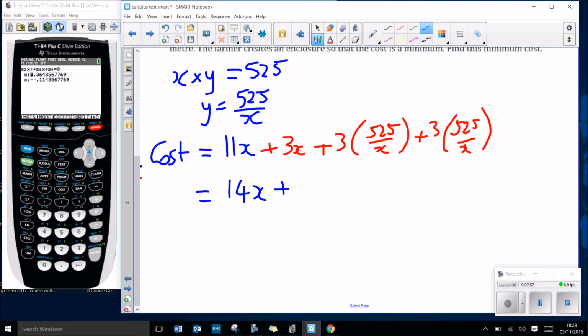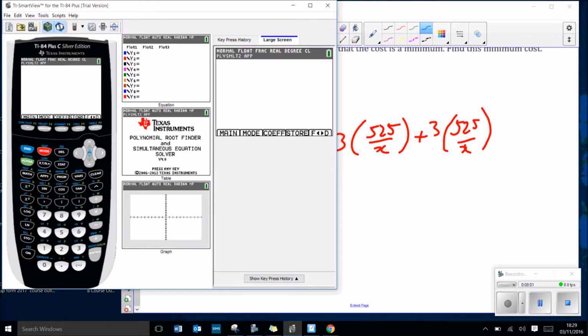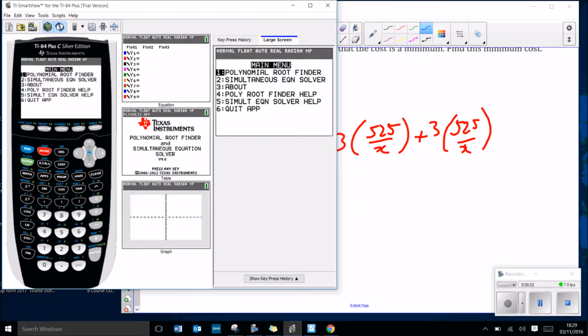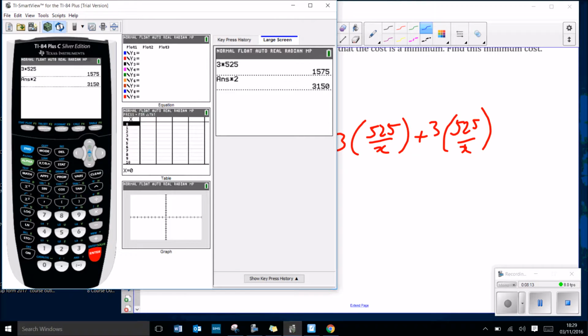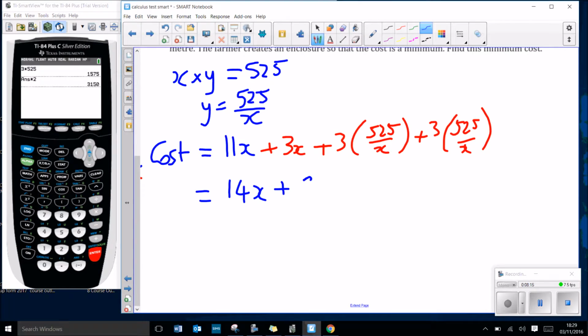Let's work out what 3 times 525 is, and then we've got 2 of those. So we've got 3150 over x. Okay, so I've just joined these 2 terms together. So that's an expression for our cost.